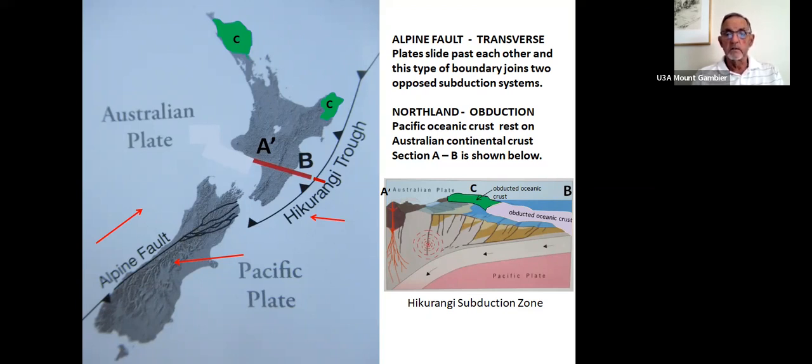In Northland, we have the obduction marked by point C, where the Pacific oceanic crust rests on Australian continental crust, as in the section AB, which I've sketched. A slab coming from the oceanic crust sliding up over the continental crustal material.